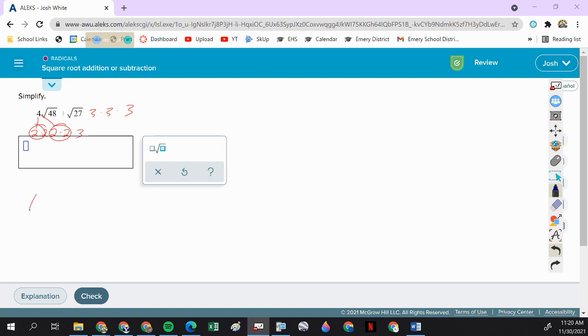So I get 16 root 3 plus 3 root 3. And now this is equivalent to asking what is 16x plus 3x. Since the roots match, if I have 16 copies of root 3 and I add 3 copies of root 3, I end up with 19 copies of root 3. So you are allowed to add and subtract roots as long as the roots match and the number inside the root also matches.